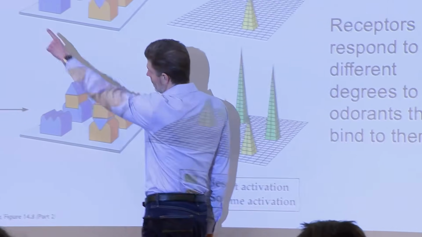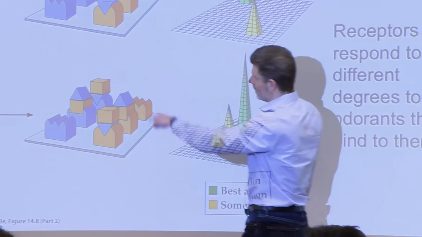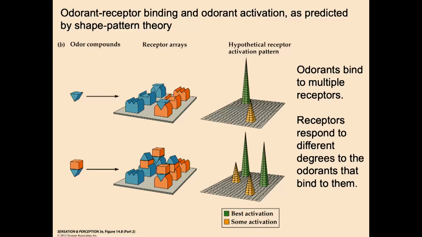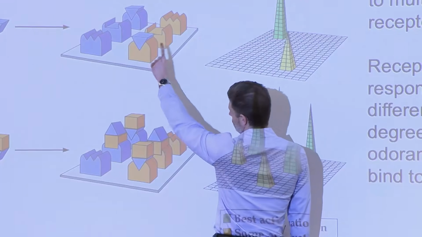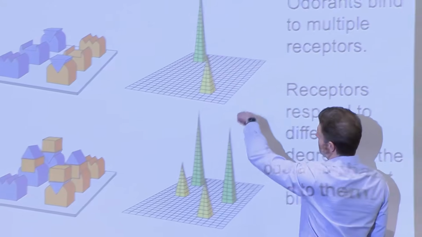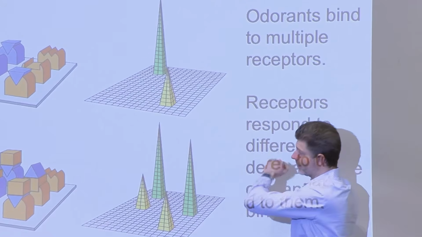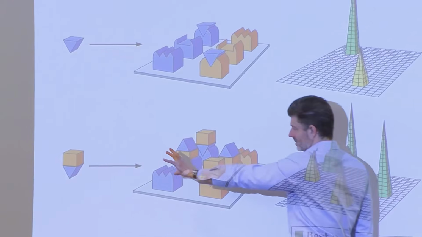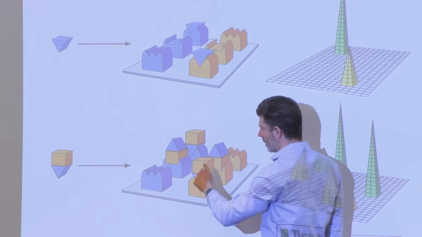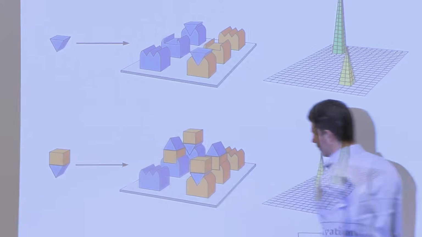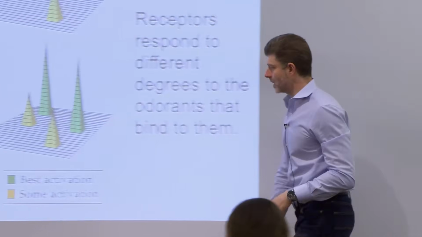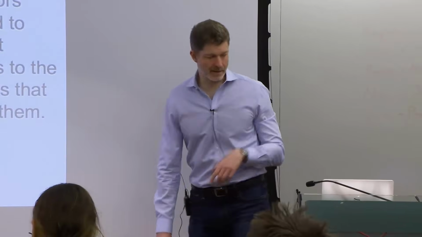Here's one odorant, and here's another, two different molecular shapes. This one can bind to those two receptors, and so you get this pattern of response in the olfactory epithelium. This one, because it could be oriented in different ways and is a more complicated shape, could bind to these four. And so you'd get this pattern of response.